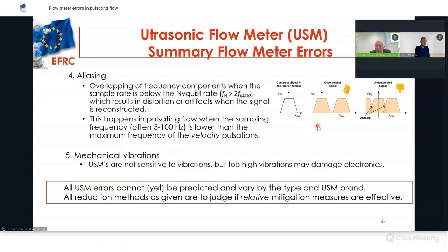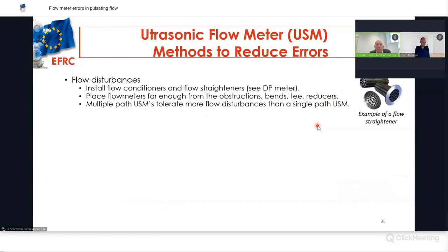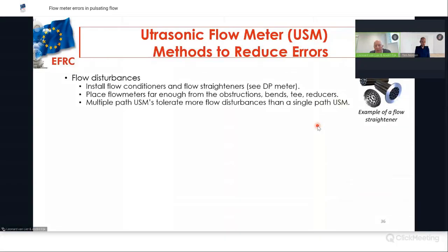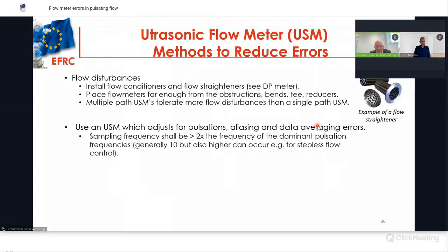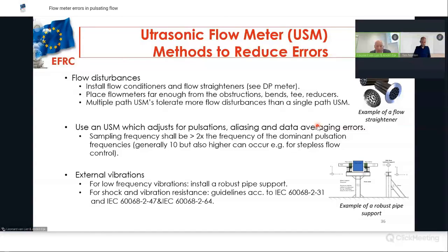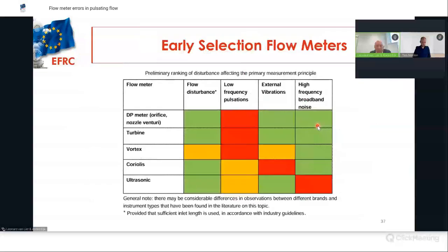And also relative measures are given to minimize the flow meter errors. So again, the flow disturbances, you have already seen that mitigation measure. You shall keep in mind that aliasing is a concern, and you shall discuss it with the flow meter manufacturer. External vibrations: again, installation of robust pipe support, to avoid that the electronics will be damaged.